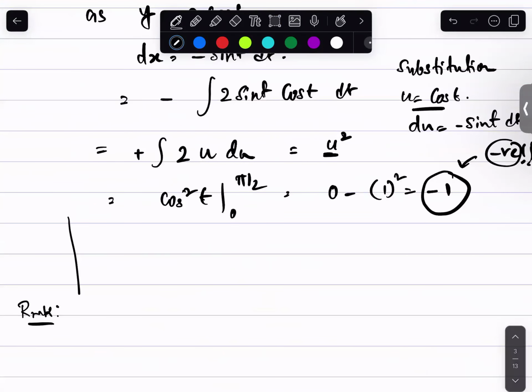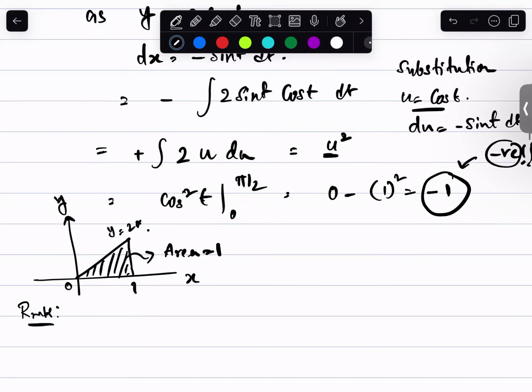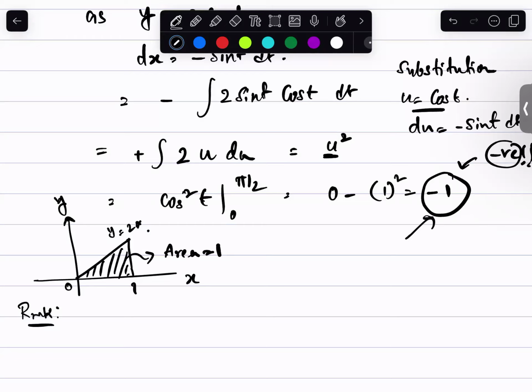So if I try to draw that graph, I'll get this, y is equal to 2x. It's this, and this is the area I'm interested in, and this area should basically be 1, right? But we are getting negative 1, so where is the discrepancy?